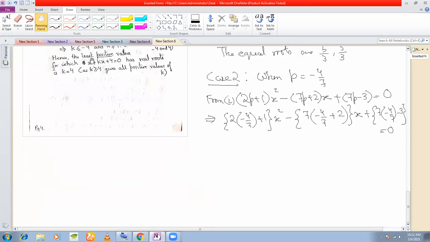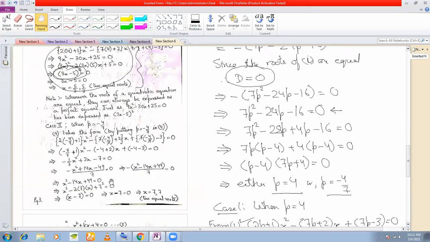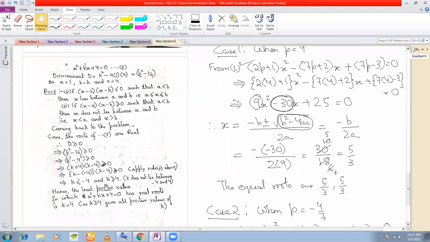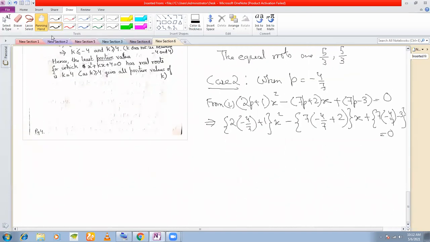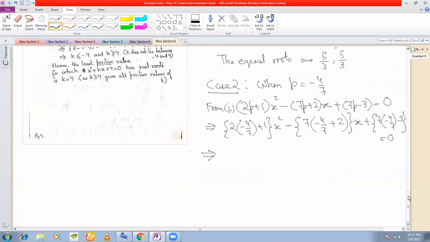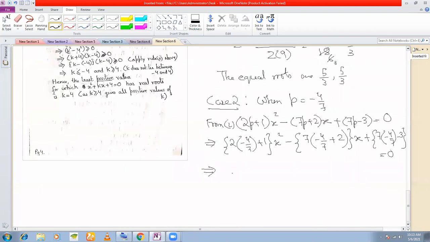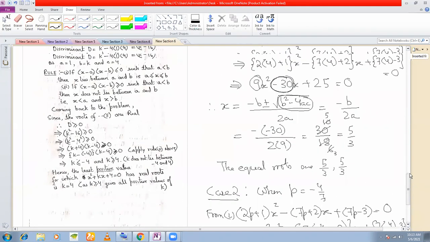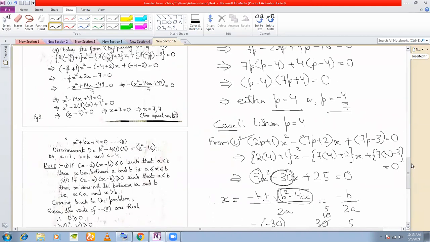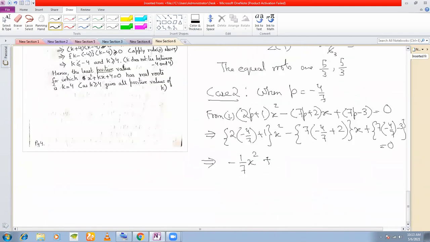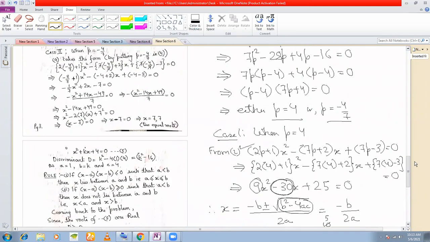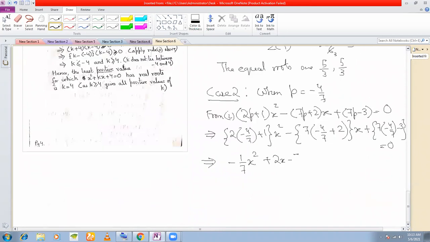Again, the simplification part, I have shown you here in the problem. Just go through the simplification part. You know how to simplify, take LCM of fractions and all, so I'll not do it here. Ultimately, after you simplify, you're going to get minus 1 by 7 x square plus 2x minus 7 equal to 0.